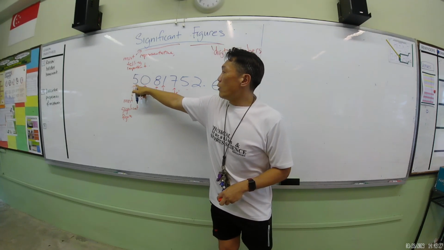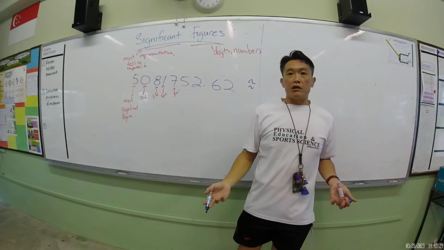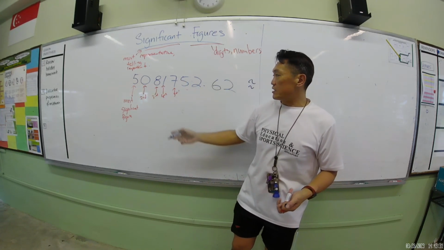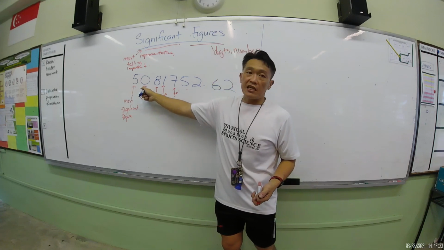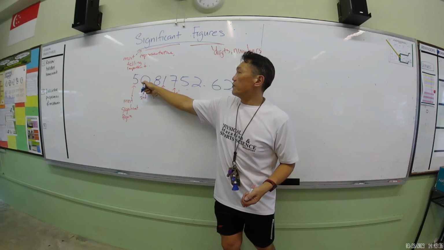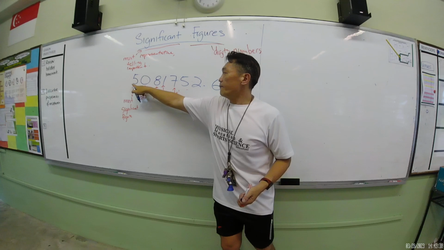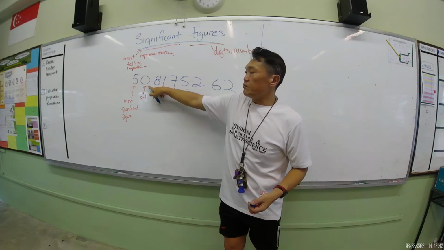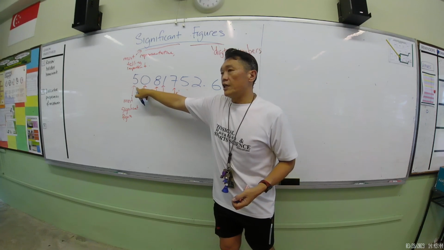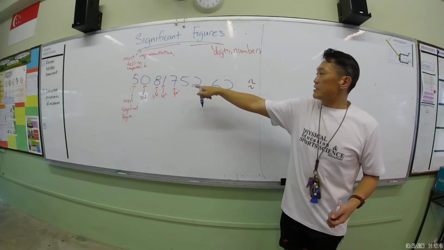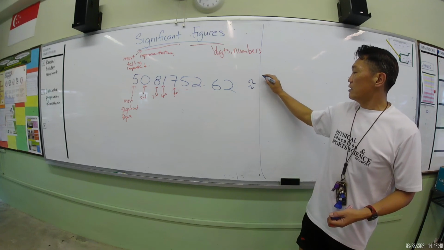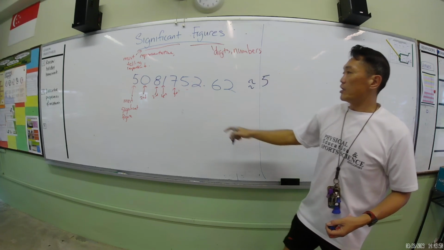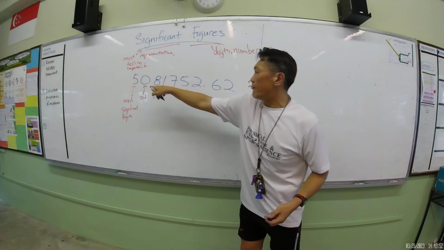And do I round it up? Same as rounding up to decimal place, I look at the next significant figure. If this number is 5 or more, I will add 1 to the number. If this is between 0 to 4, I will keep. So if I want to round this number to one significant figure, it will be 5, because I look at 0, so I don't round up.